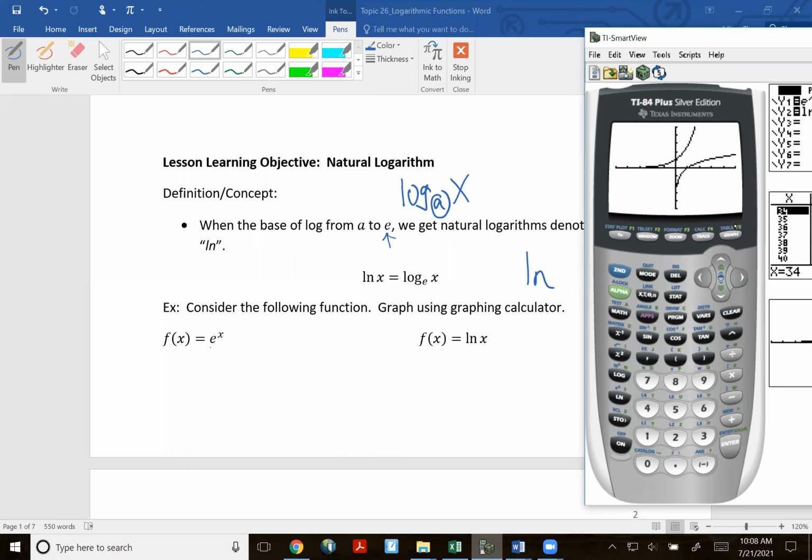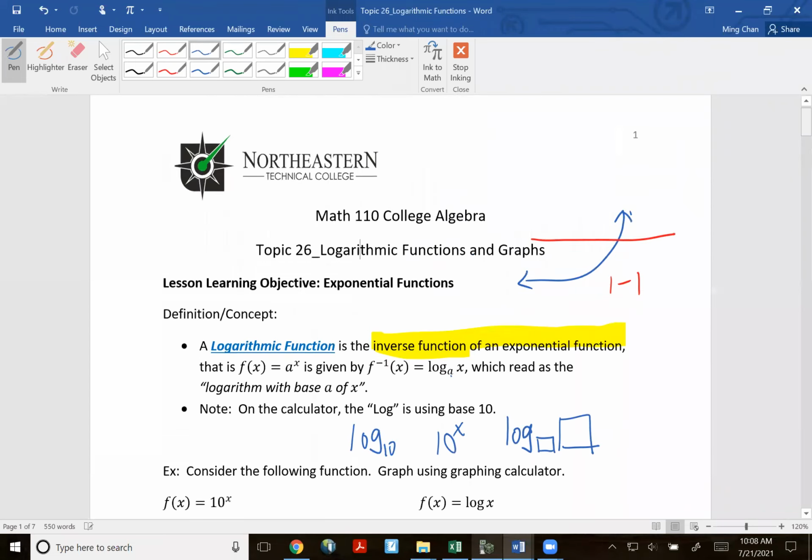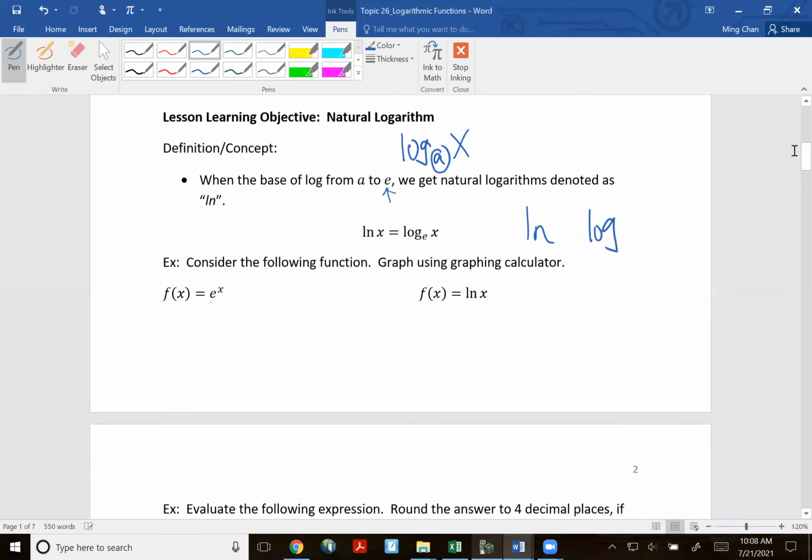So what's a log function? It simply is an inverse function of an exponential. What is a natural log? A natural log function is simply changing the base from another number to a base e. Then you end up with the natural log function.